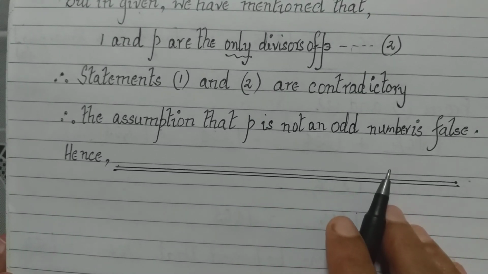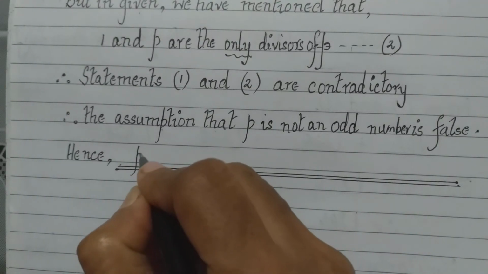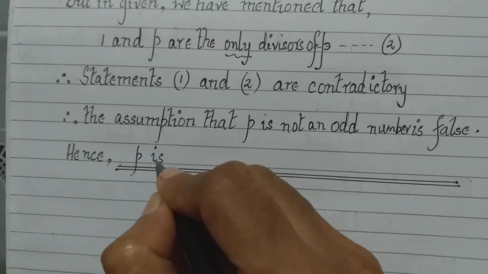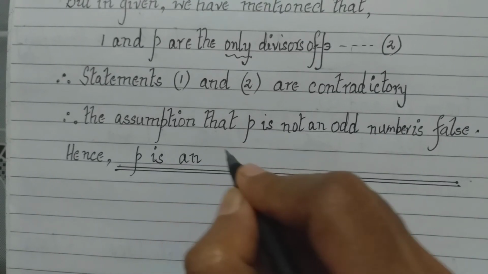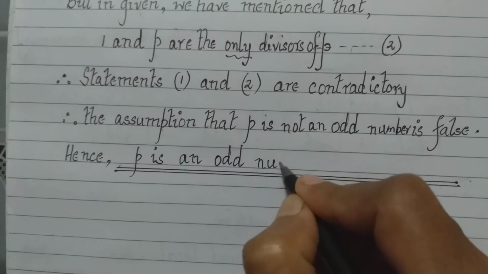P is an odd number, right? Hence, P is an odd number.